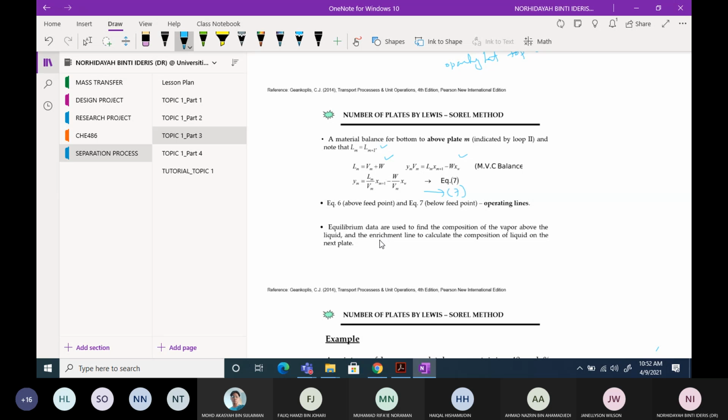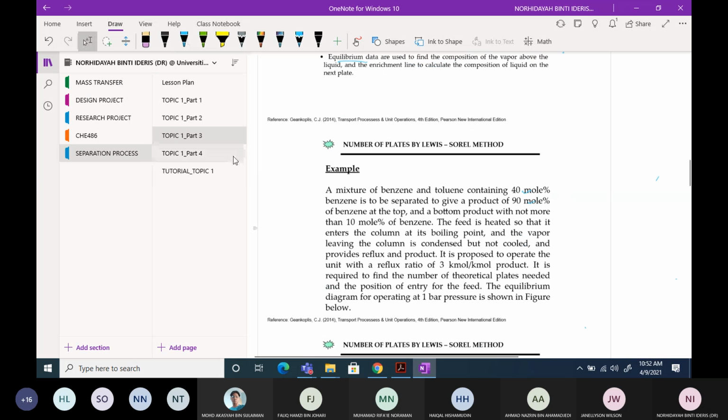So in order for us to solve this using the Lewis-Sorel method, we still need to have the equilibrium data. All right. Okay. So right now we go straight to the example. Okay, we are still using the same binary mixture. And this approach also requires you to have equilibrium data.